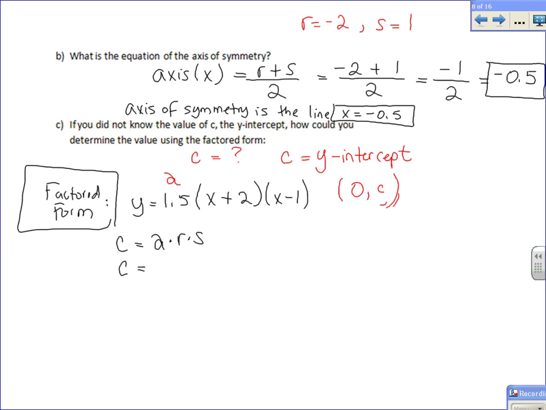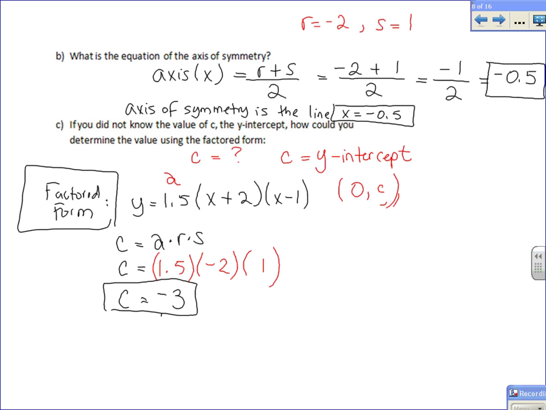My R is equal to -2, and my S is equal to 1. So I could simply do this as 1.5 times R, which we said is -2, times 1 for S. Using some multiplication, 1.5 times -2 times 1 is -3.